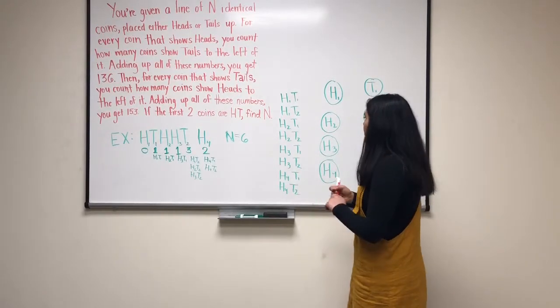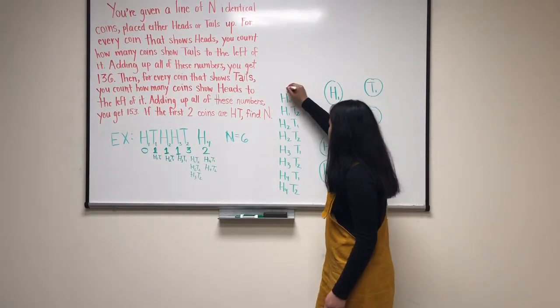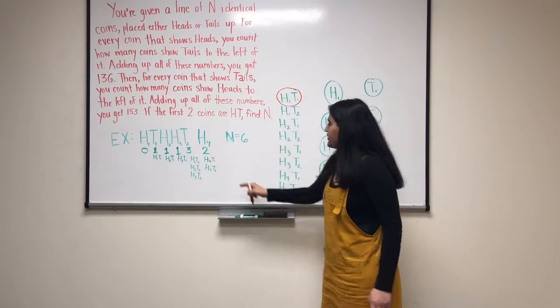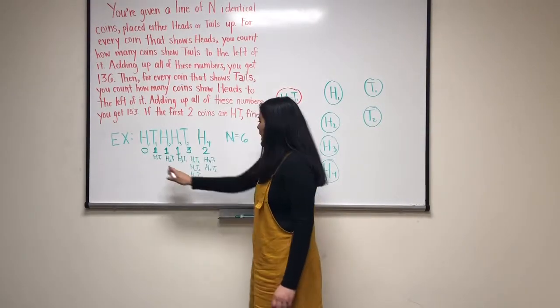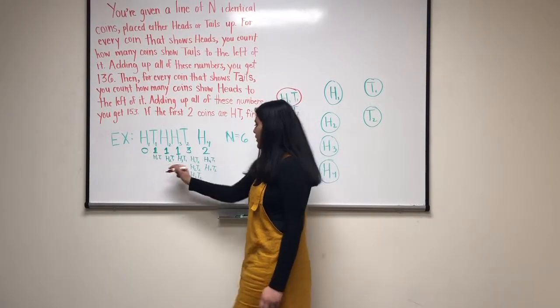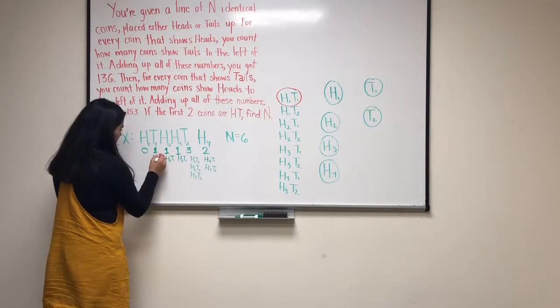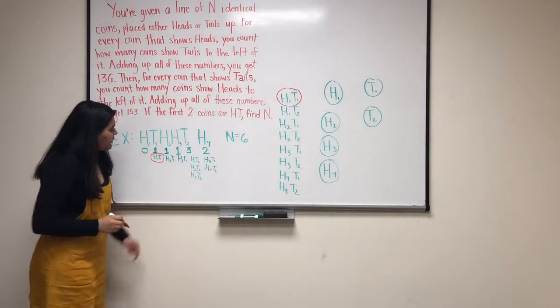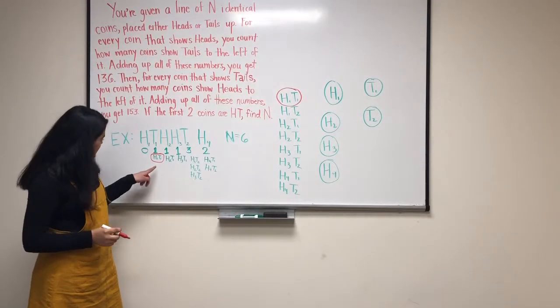So H1, T1, to start off with. Does it show up here? Well, yeah, it shows up right here, H1, T1. And does it show up anywhere else? Let's see.